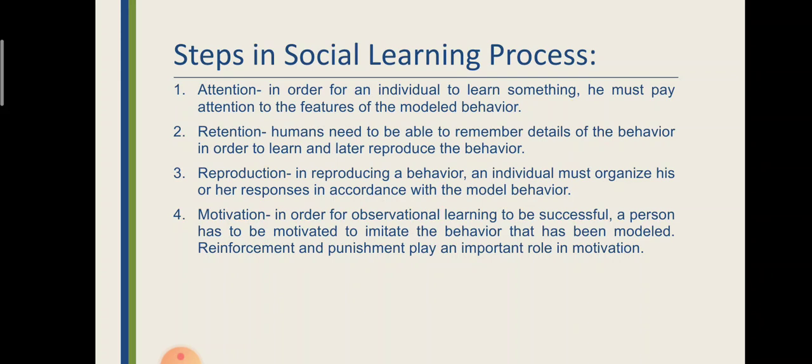So, retention can be affected by a number of factors also, but the ability to pull up information later and act on it is vital to observational learning. So remembering what an individual paid attention to may include symbolic coding, mental images, cognitive organization, symbolic rehearsal, or motor rehearsal. So it can be in the form of mental images.